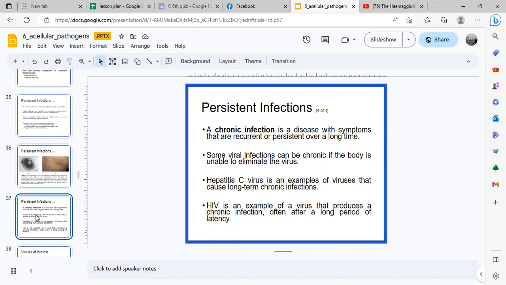So there will be a period of chronic infection after a long period of latency. So kaya dangerous yung HIV, no? May time na asymptomatic yung person, walang symptoms. So that will take several years, and then ayun, pag naging full-blown AIDS na, chronic na yung infection.